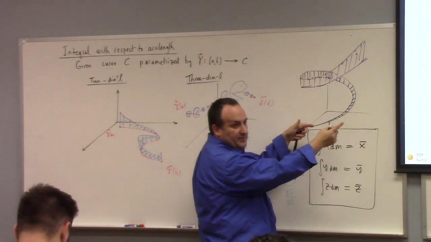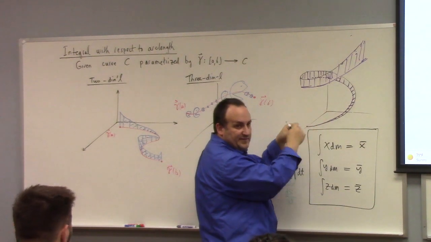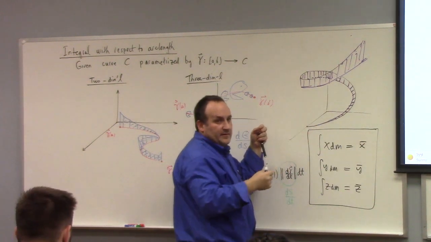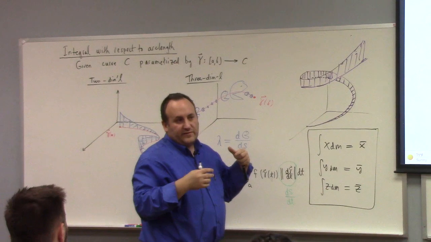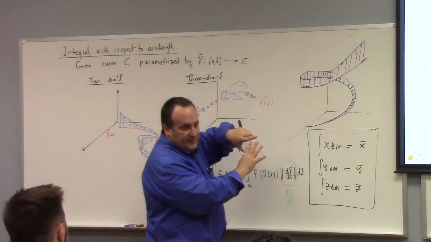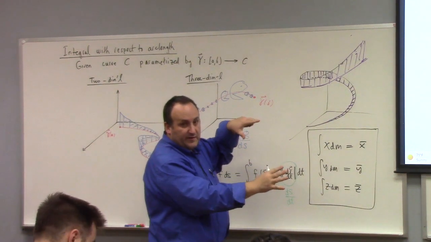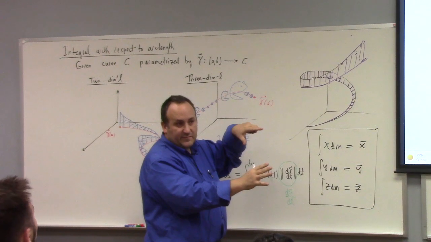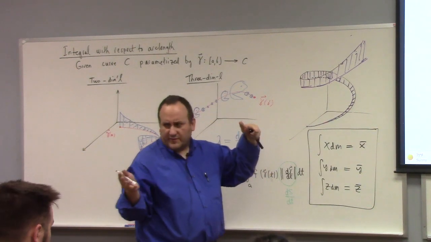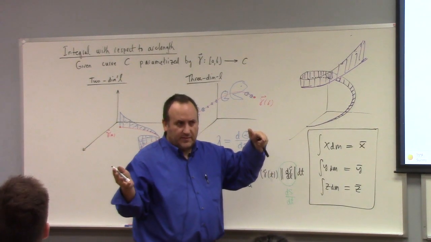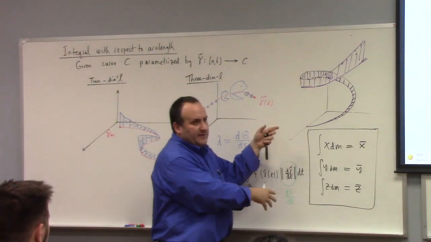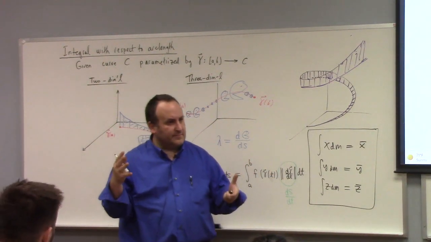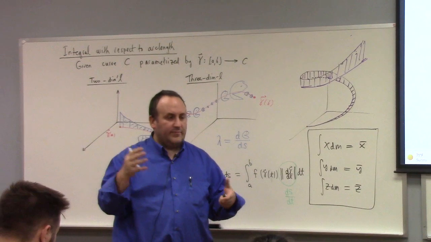For a curve, it's an integral with respect to arc length, because that's how you integrate along a curve. But it could just as well be an integral over a surface if you wanted to calculate the center of mass of a surface. But we don't know how to integrate over a surface yet, so we can't do that. If you want the center of mass of a volume, then it should be an integral over a volume, but we don't know how to do that yet.